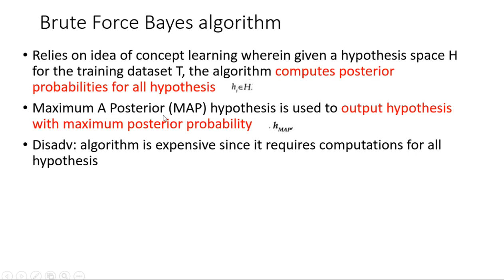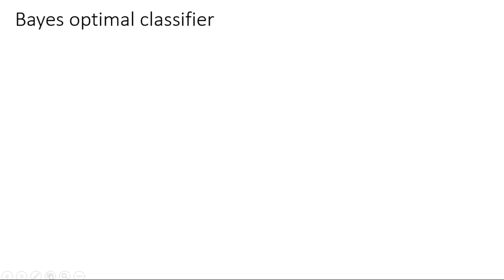We also find the MAP, which we have discussed before in the naive-Bayes algorithm, that is the maximum a posteriori hypothesis, the hypothesis with the maximum posterior probability. But the disadvantage of this method is that the algorithm is expensive, since it requires computing the posterior probabilities for all the hypotheses.